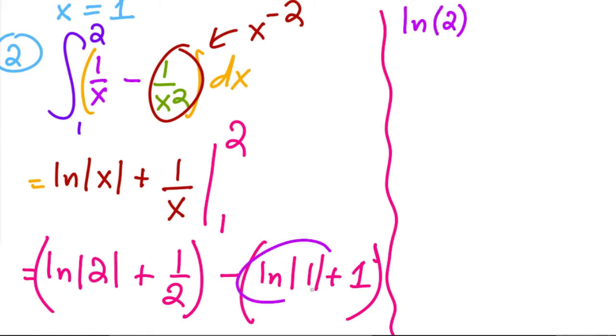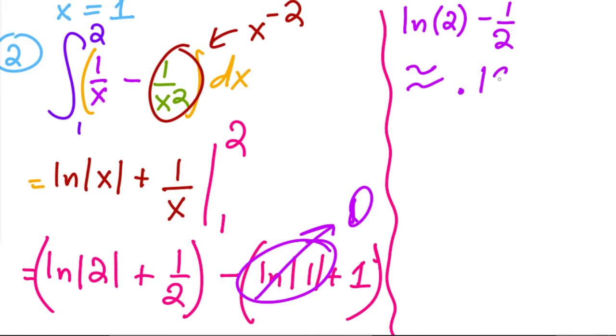Natural log of 1, that's just 0. And so then I have 1/2 minus 1, so that's minus 1/2. Okay, and this is about 0.19. So either one of these two is correct.